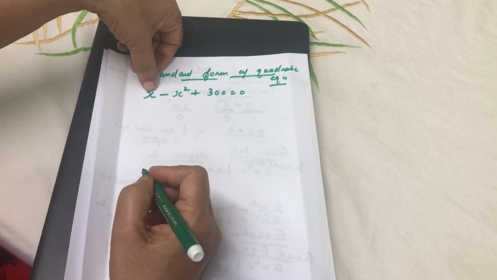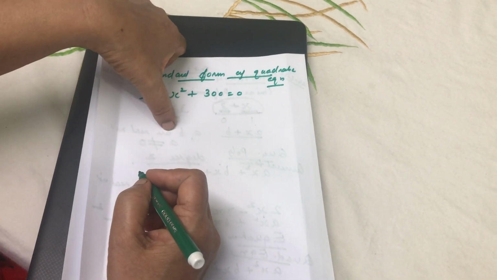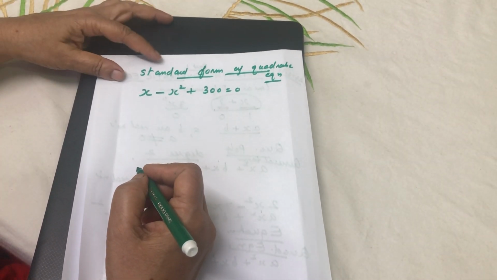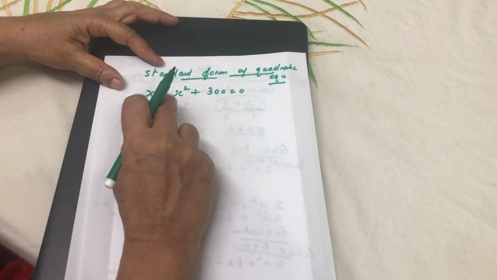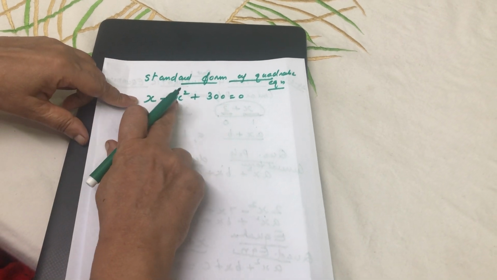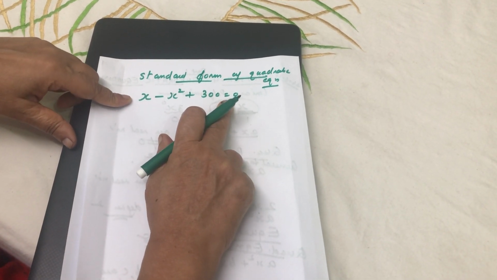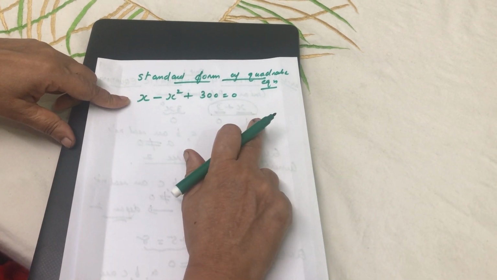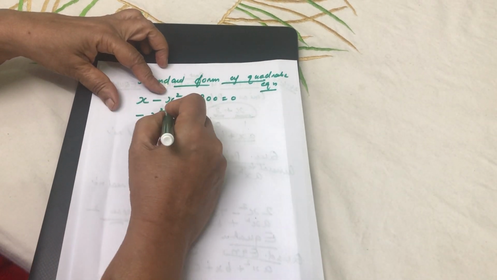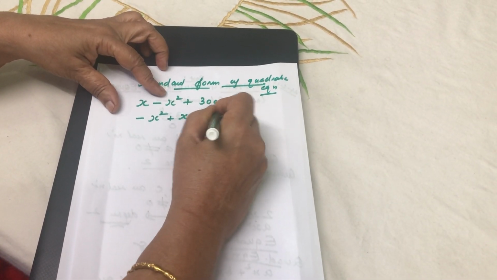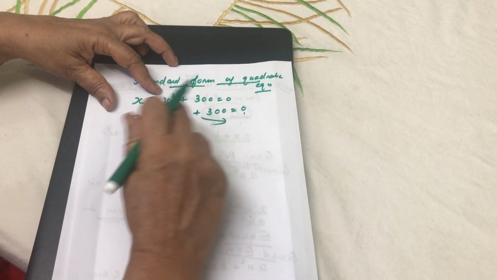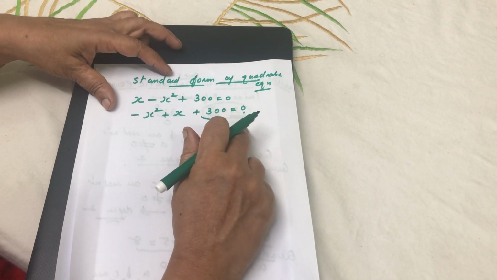Here the degree of the first term is 1, the degree of the second term is 2, the degree of the third term is 0. Therefore this is a quadratic equation, but it is not in the standard form, because you have to arrange the terms in the decreasing order of degree. Therefore you can write minus x squared plus x plus 300 equal to 0. This is a quadratic equation and it is in the standard form.